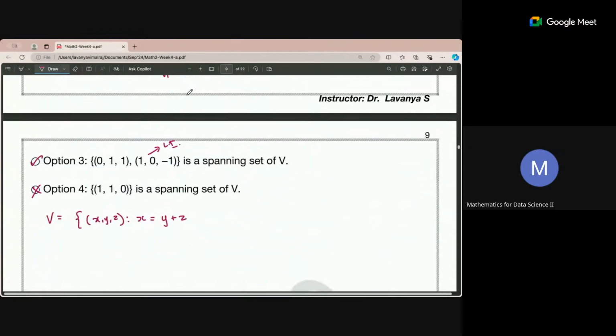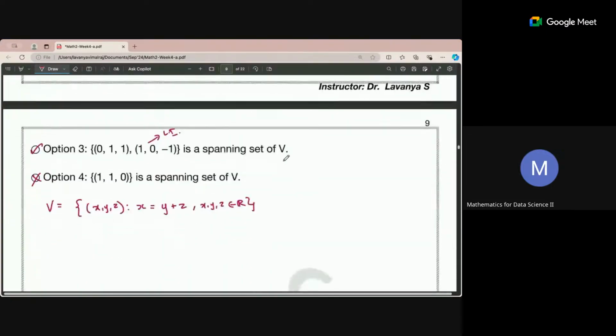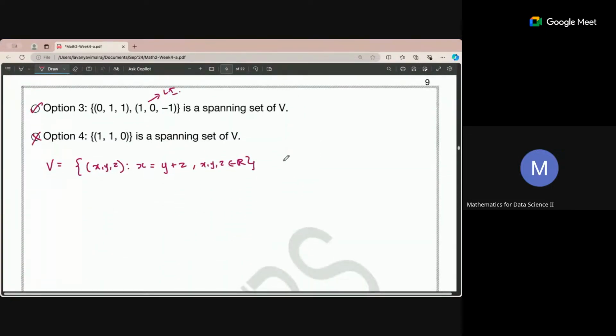Try to construct a spanning set for this. Think of the possible ways, and maybe you can use the concept I have given you. We'll have a 5 minutes break, where you can work on this also if you want.